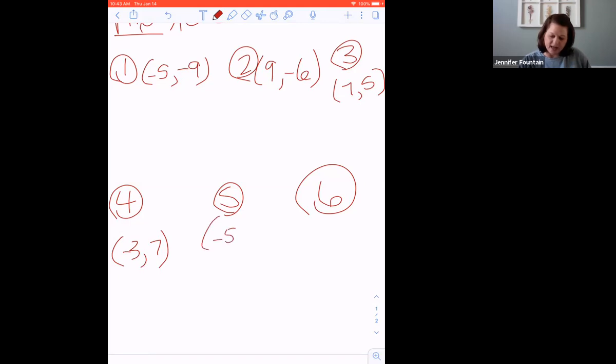X is -5, and y is -1. Any questions on that one? And then finally, number 6, -2x minus y plus 10 equals 0, and 2x plus 2y minus 6 equals 0. X is 7, y is -4. Any questions on page 116?